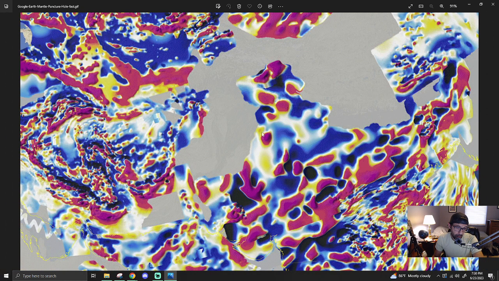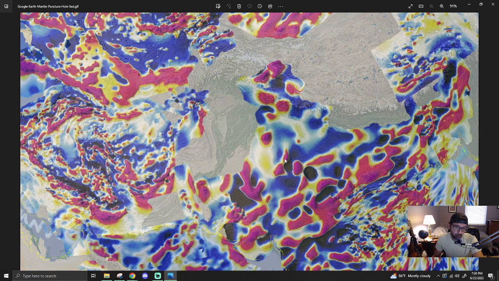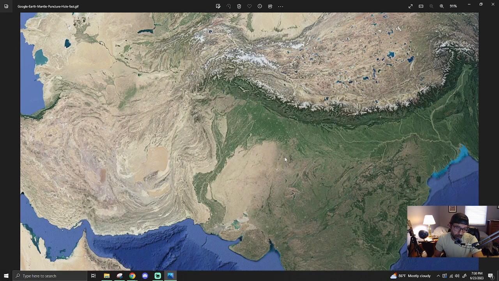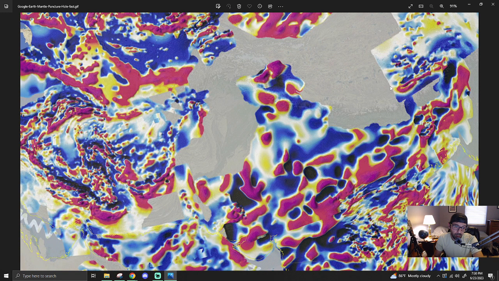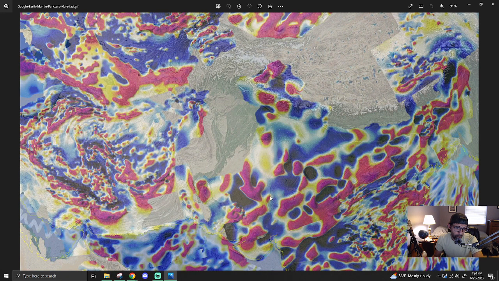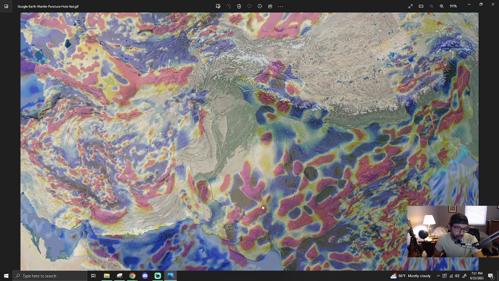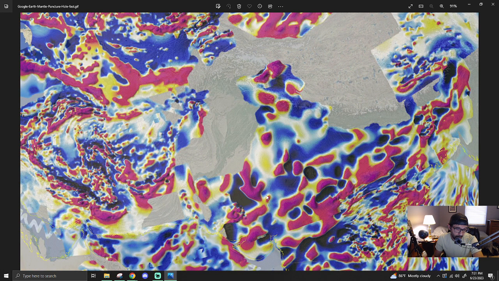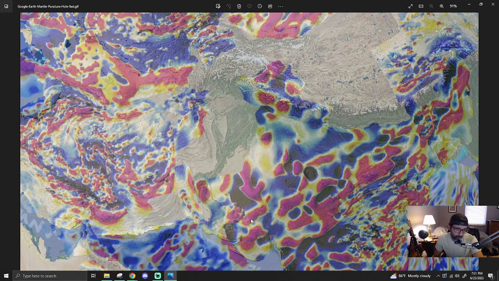But now we can kind of see where that ammonite structure is better. So it starts around here. Here's the Aravelli trend down here. Just checking. Even kind of going around that. Maybe related to that.